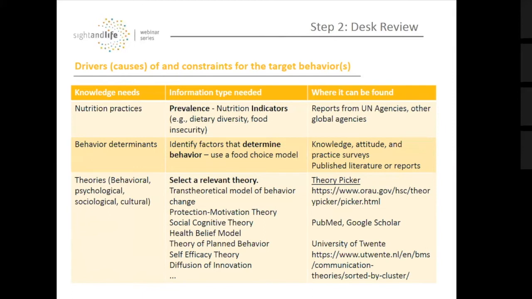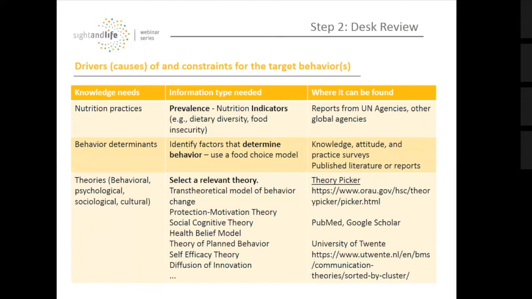I also want to know the factors that determine purchasing and consumption of vegetables and eggs in families. So I'm looking for any food choice models, similar to the one I presented in webinar 1, or any other model from the literature. You might want to see, or hopefully your country has, or you yourself have conducted in the past, a knowledge, attitudes, and practice survey. And those are actually very useful at this stage.